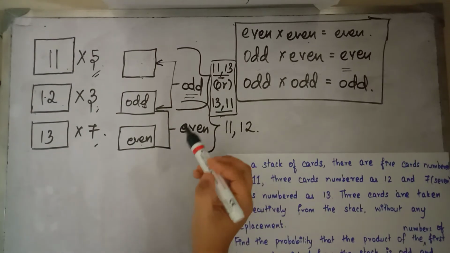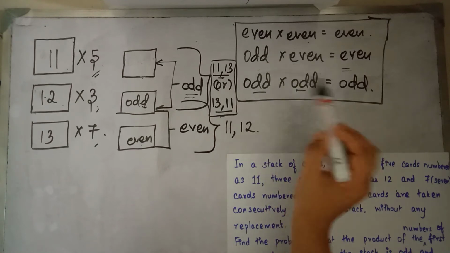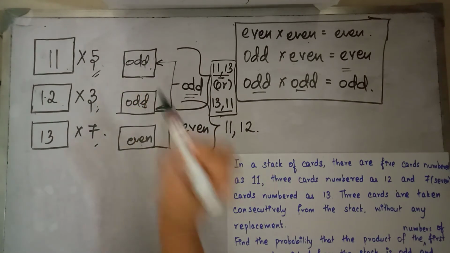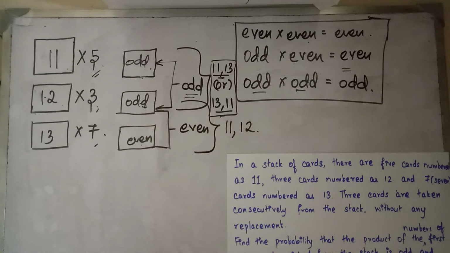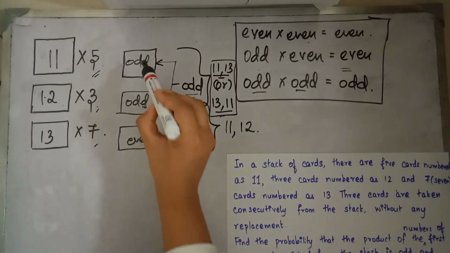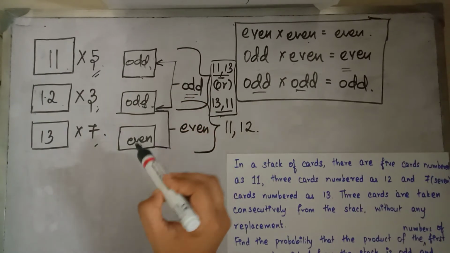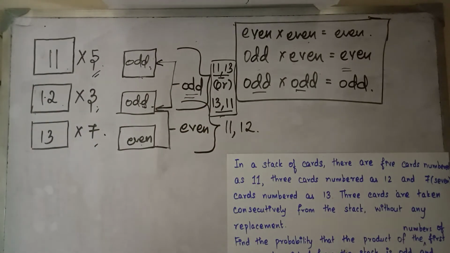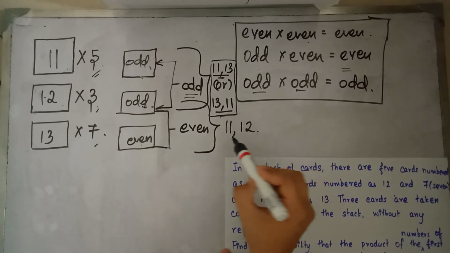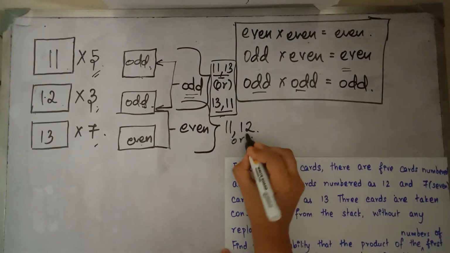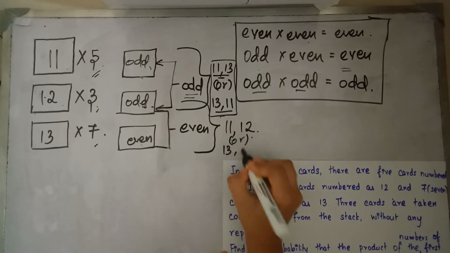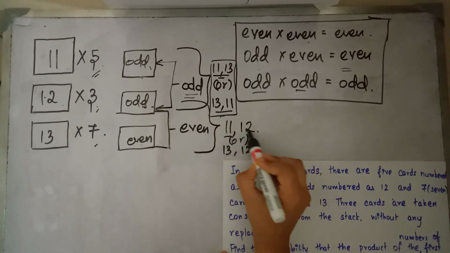What about the first two? The first two have to be odd into odd. Only then will I get an odd product. Okay, so the first one has to be odd, the second one has to be odd, and the third one has to be even. So over here I could get 11 and then 12 or 13 and 12. This is an odd number, this is an even number.